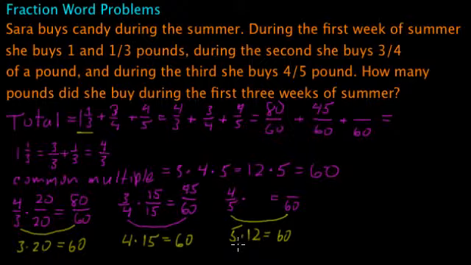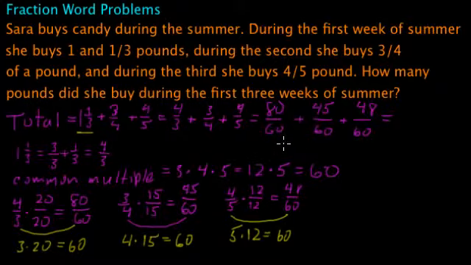So that's what I need. 5 times 12 is 60. Yep, that checks out. So I'm going to put a 12 here. And if I want to multiply 4/5 by the number 1, keep it unchanged, I need a 12 in the numerator. So 5 times 12 is 60 for the denominator. 4 times 12 is 48 for the numerator. So that's what I have here, 48.